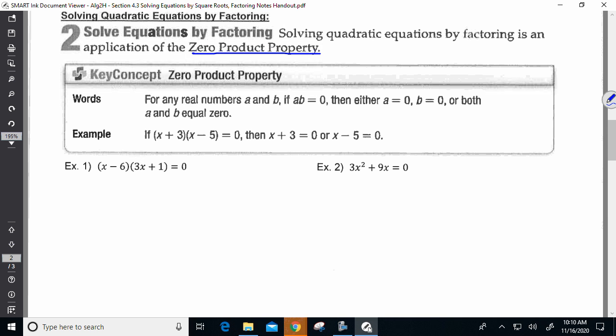The zero product property basically means if you have two factors set equal to zero, then you can take each factor, set it equal to zero, and solve it out.